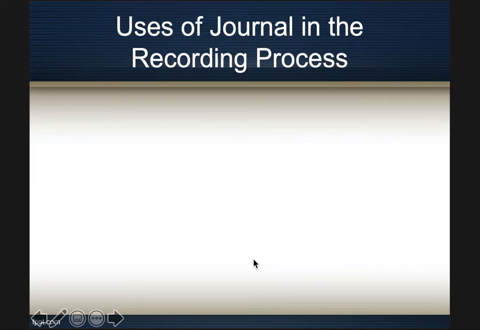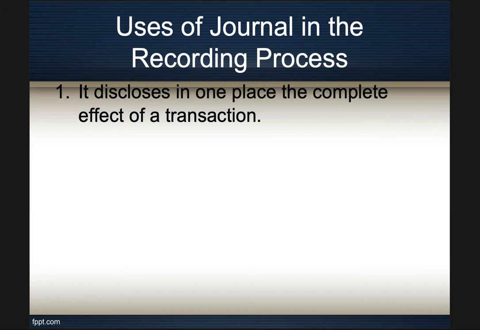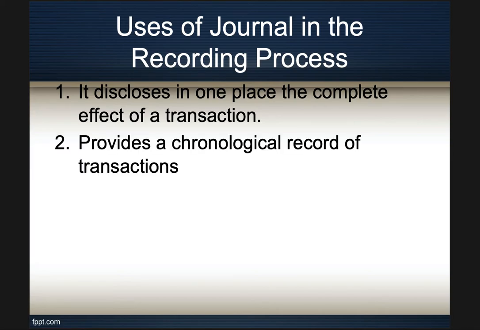So what is the usefulness of this journal? The journal actually discloses in one place the complete effect of a transaction. It also provides a chronological record of transactions because you have to enter it according to the event it happened.